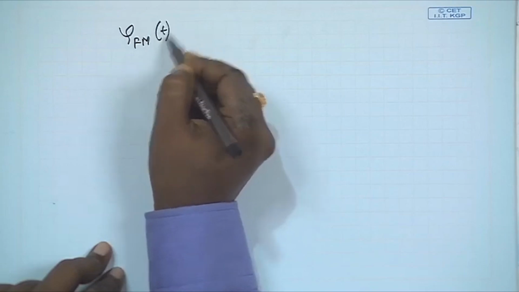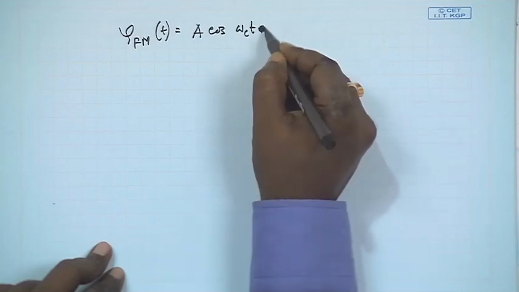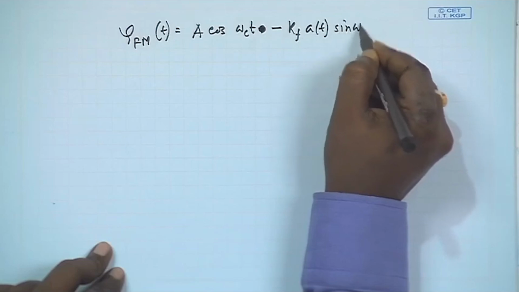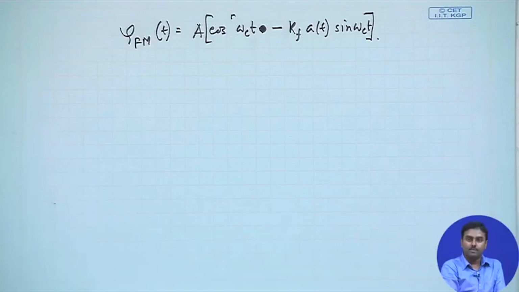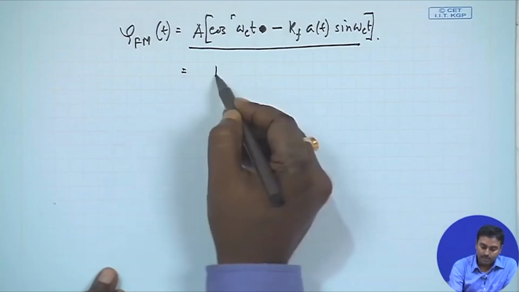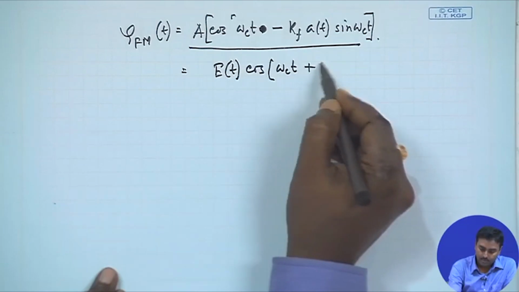Now, let us try to see what exactly is happening. I have this particular term, let us say phi_FM(t), which is A cos omega_c t minus kf a(t) sin omega_c t, right. So, I have this. What is happening? This can be written as a sinusoid. I can write it as E(t) cos(omega_c t plus theta(t)).